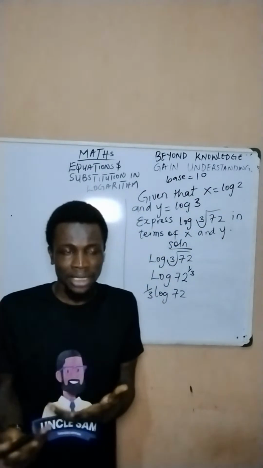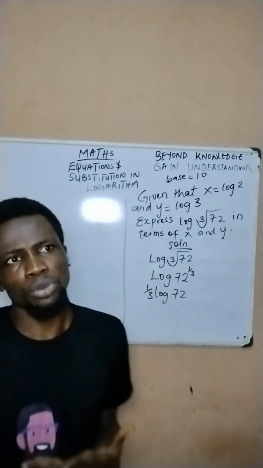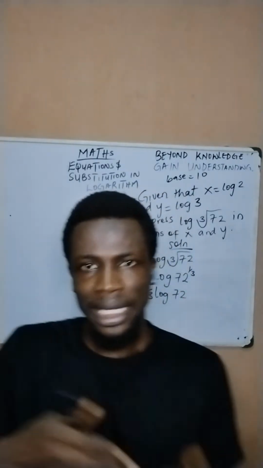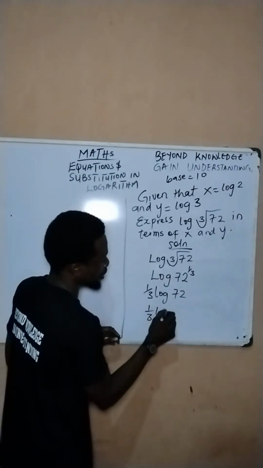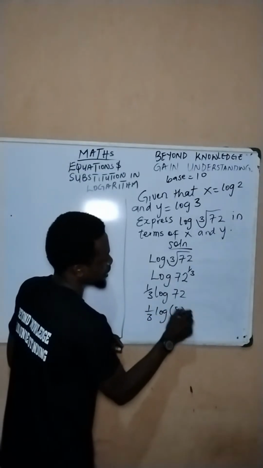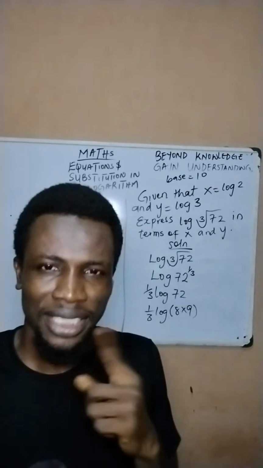That is what I'm trying to achieve. So I'm working backward. How did we get 72? 72 is something as what? 8 times 9. So I can replace this to now be 1 over 3 log of 8 times 9. Yes, I know that 8 times 9 is what will give me 72.